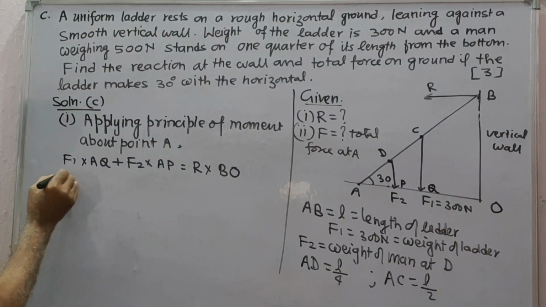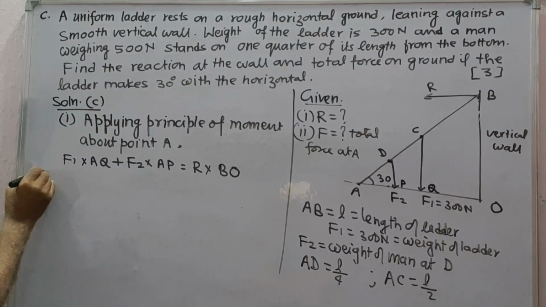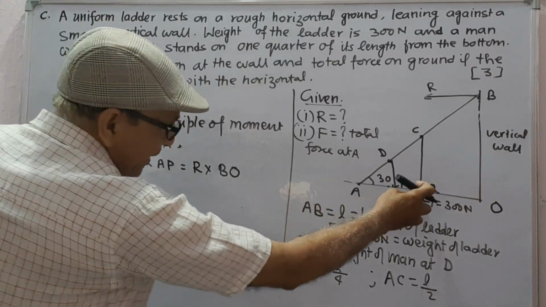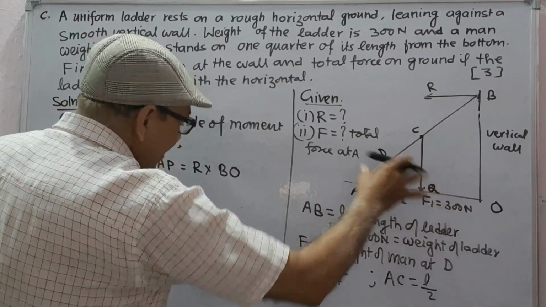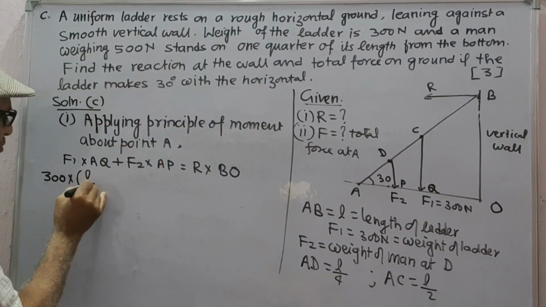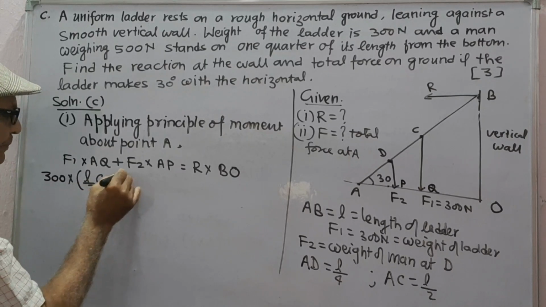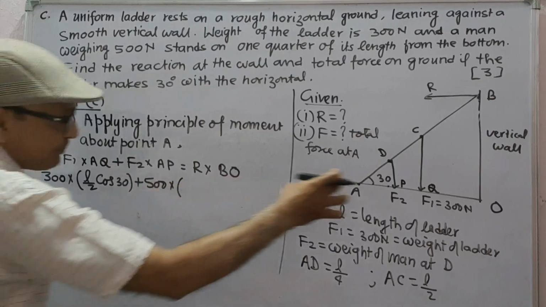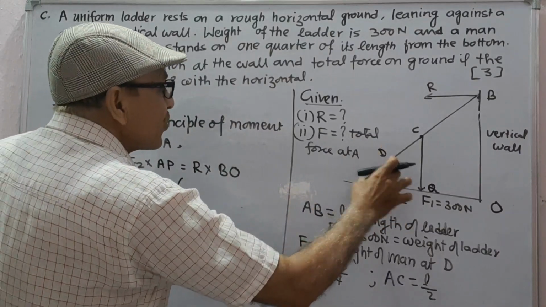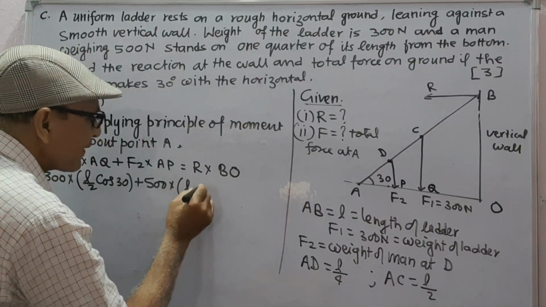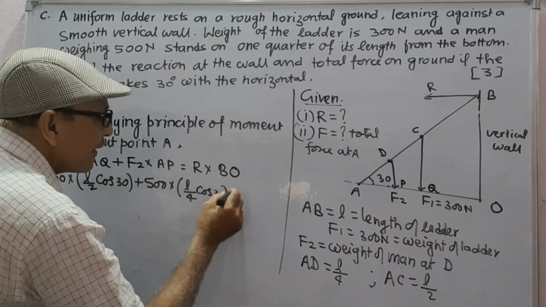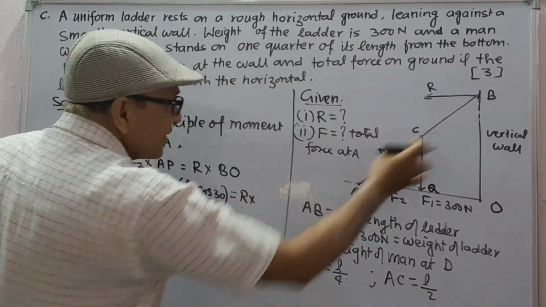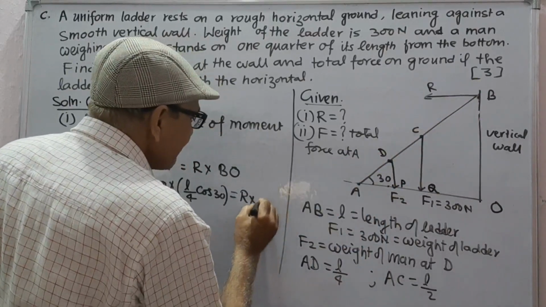Now F1 is 300, AQ is L by 2 cos 30, plus F2 is 500 into AP is L by 4 cos 30, is equal to R into BO. R is unknown and BO is L sin 30.